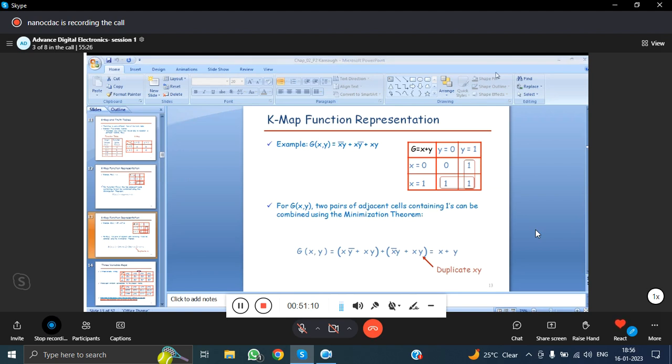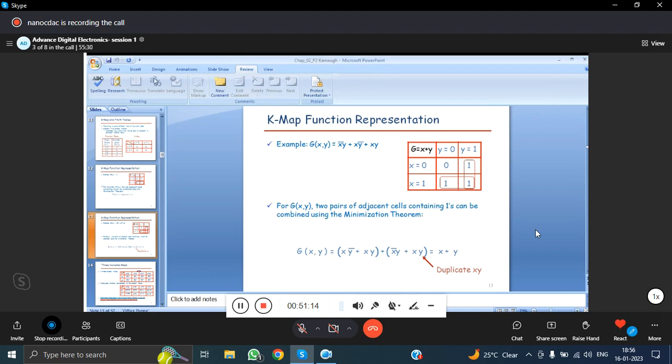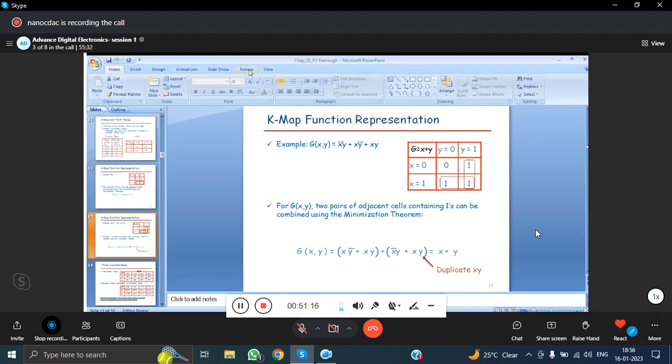Next, if you see this function, g of x comma y is equal to x bar y plus x y bar plus x y. This is the function. Tell me where is this x bar y?